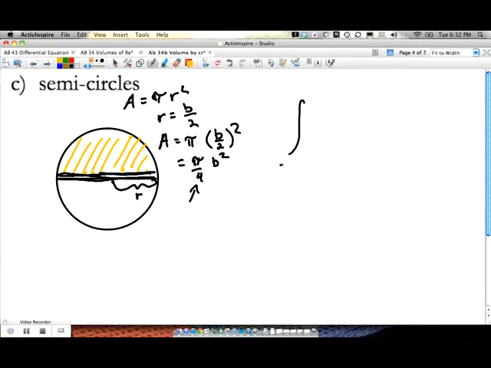So there's my constant. So again, I'm going from -5 to 5. My constant's pi over 4, and I'm looking for 2 radical 25 minus x squared, all quantity squared, dx.